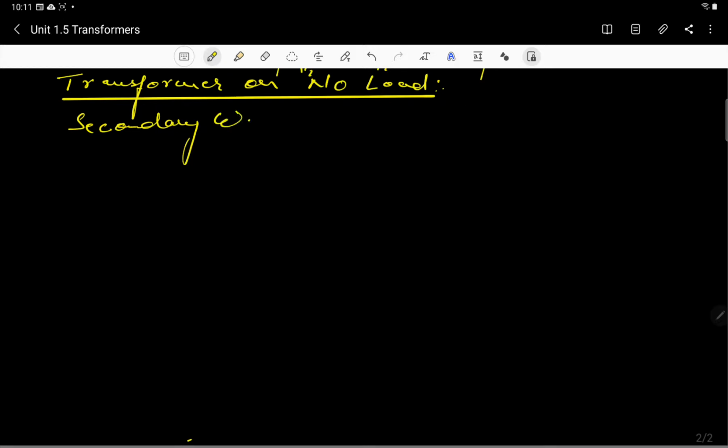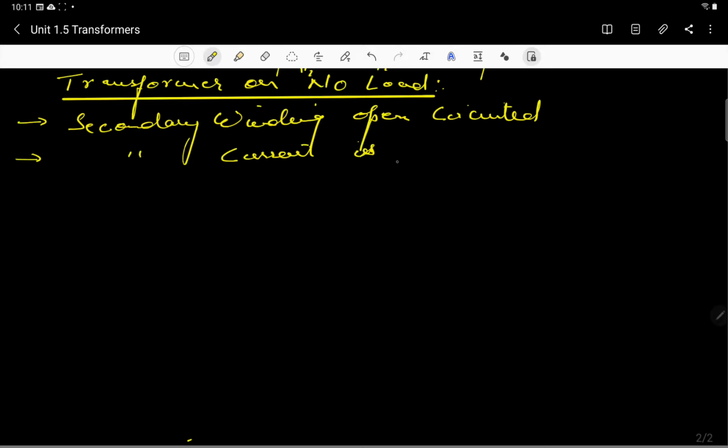When there is no load connected on the secondary side, then obviously it is open circuited. Then the transformer is said to be at no load. One point is this: the secondary current is 0. When there is no load, then no current will flow at the load side. So when the circuit is open, no current will flow on the secondary side, so the current should be 0.